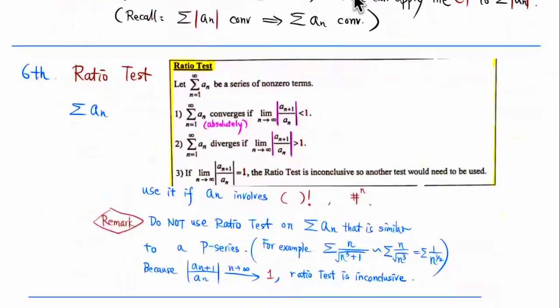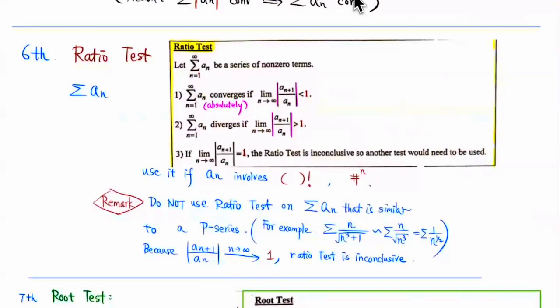Okay, and then next one we talk about the ratio test. The ratio test, we just talked about it. When the an involves a factorial or a constant to the n power, you use the ratio test. So that's a hint that you use the ratio test. Actually, the ratio test is very easy to use. So maybe a lot of the time you should try this one before the integral test.